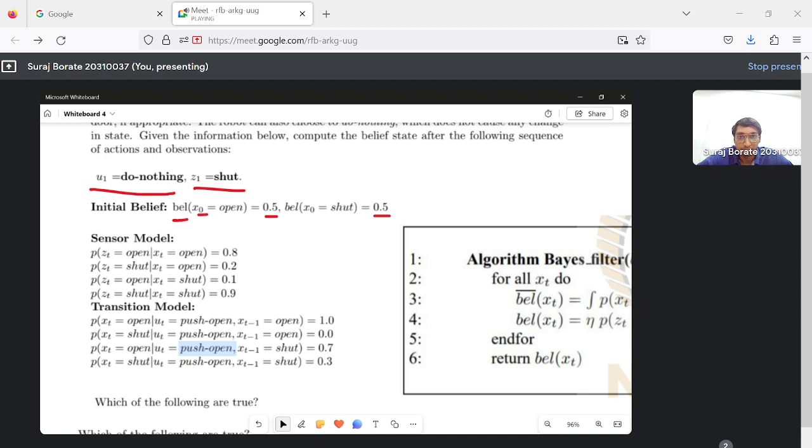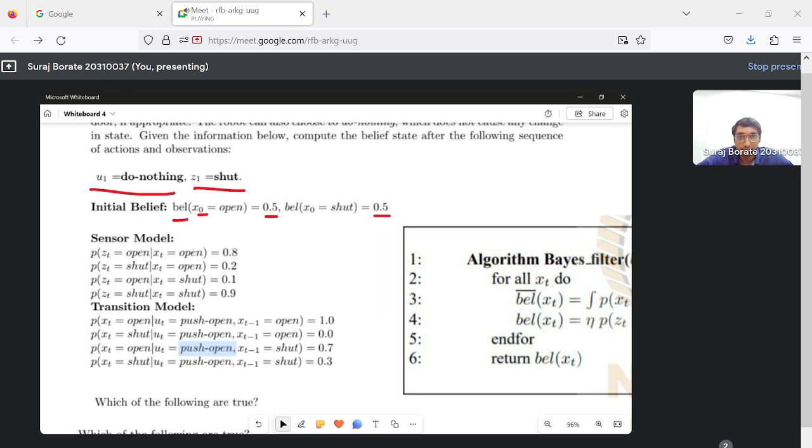So now we write P of x1 is equal to open given ut equal to, sorry, ut equal to do nothing, comma x0 equal to shut, into belief of x0 equal to shut.